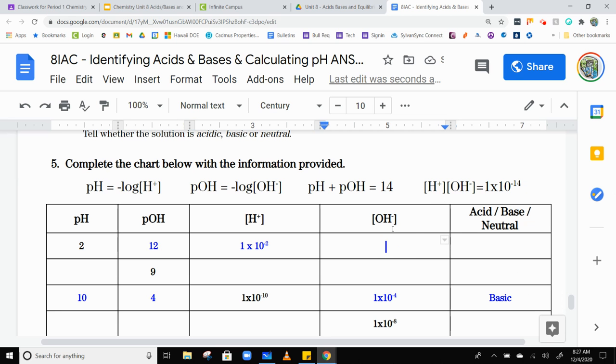OH minus concentration is just 10 to the negative pOH, so 1 times 10 to the negative 12. And then because it's a pH of 2, it's actually an acid. So super simple.